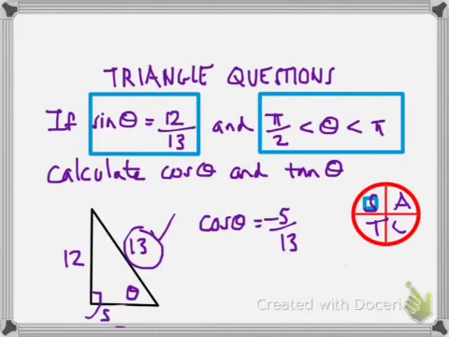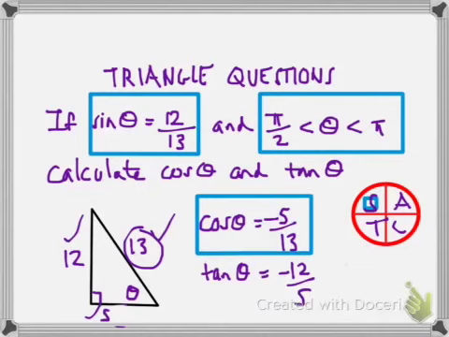So the answer is negative 5 on 13. Tan theta equals the opposite over the adjacent, so that's 12 on 5. And because tan is negative in second quadrant, our answer there is negative as well. So our two answers, cosine theta negative 5 on 13, tan theta negative 12 on 5.